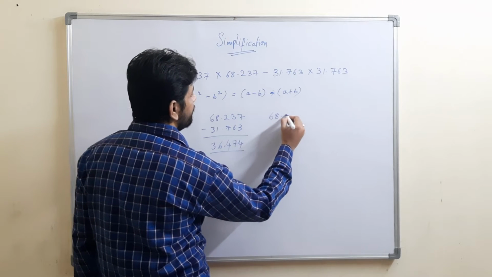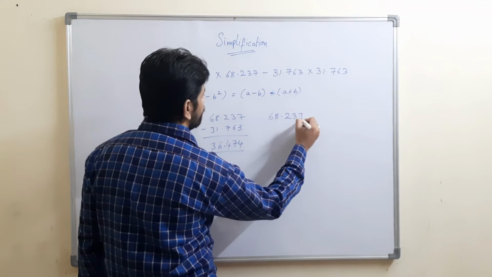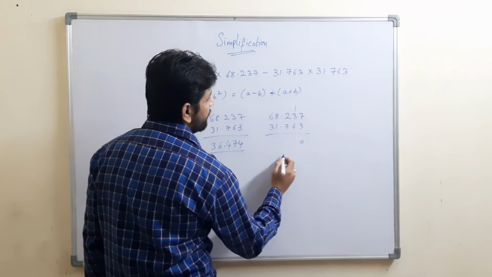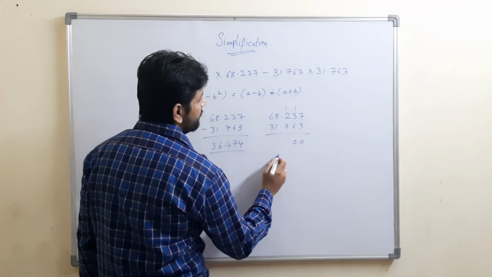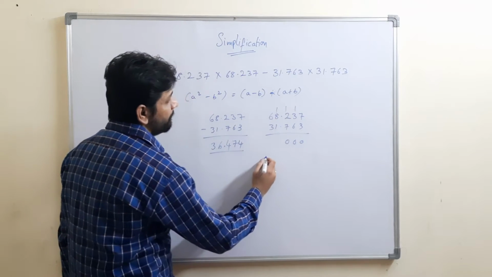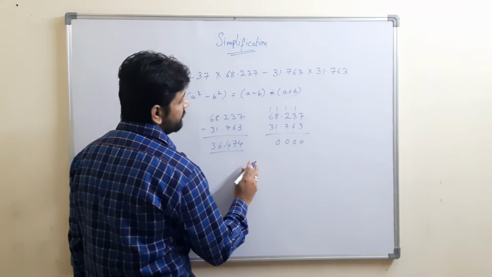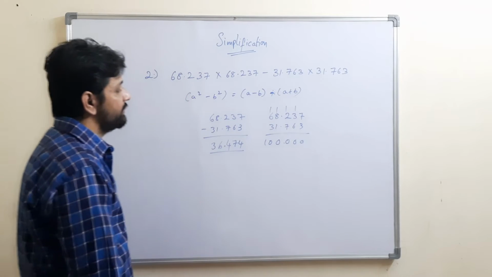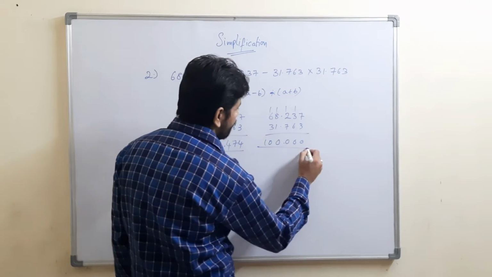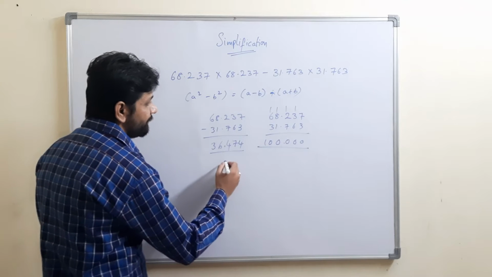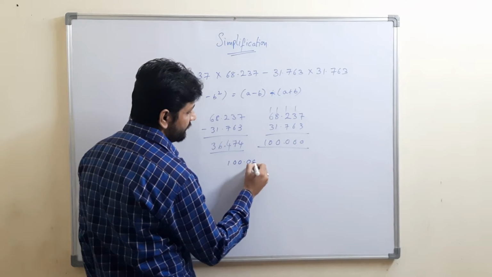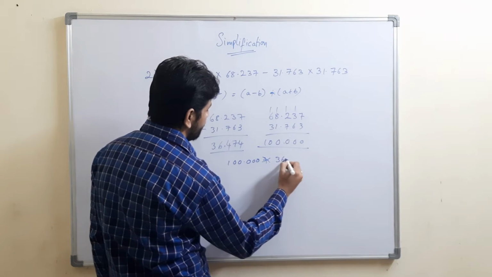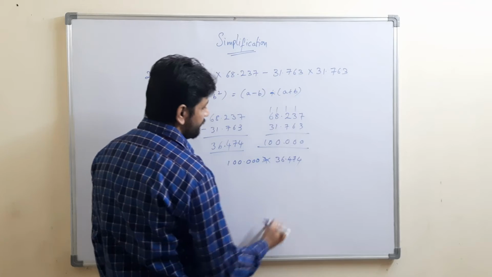Now let me go for the addition: 68.237 plus 31.763. Each column adds to 10, carrying over, and we get 100.000. So these are the values we get. So 100 into 36.474.